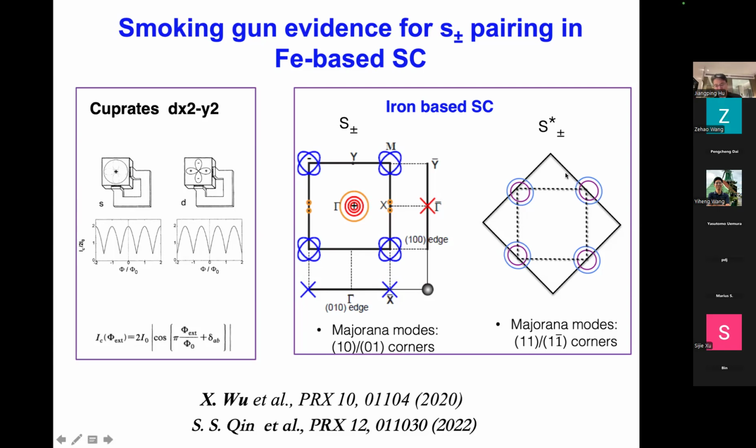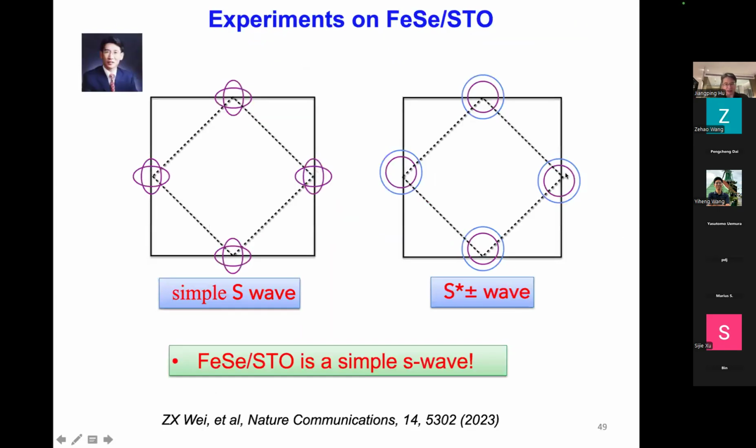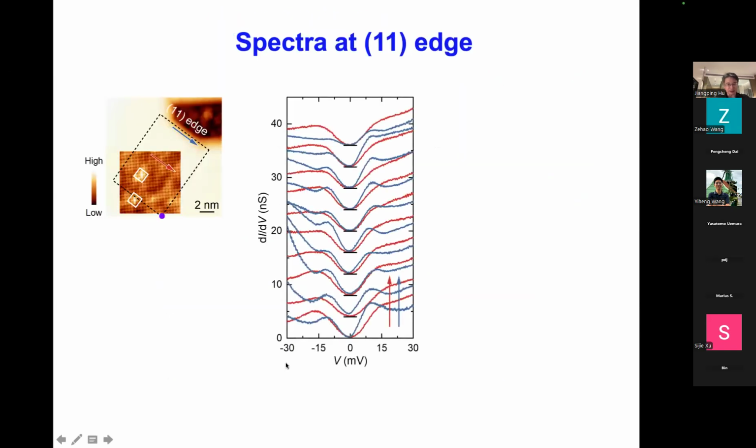For this S star plus minus, they have one experiment, now done by Qi-Kun Xue's group, trying to see whether this S star plus minus exists or not. The conclusion from their careful experimental result is that this iron selenium STO sample, at least, is a simple S wave, not this state. Okay, so it is topologically trivial for this iron selenium STO. Here is some experimental data.